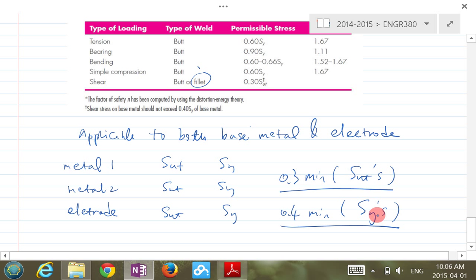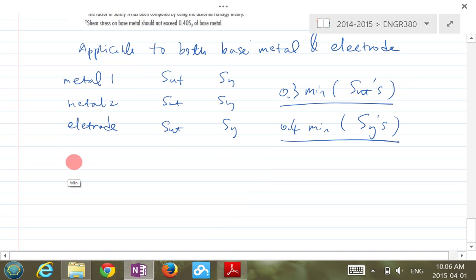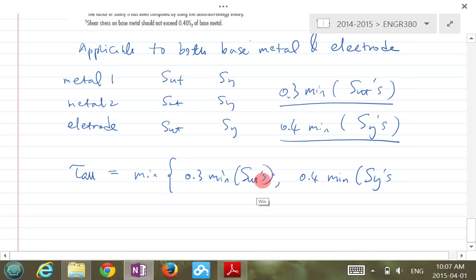That's going to be the allowable stress that you use. Is that clear? So tau allowable is the minimum of 0.3 times the minimum of SUTs, and 0.4 times the minimum of all the SYs. This allowable stress we compare with whatever stress we calculated from the in-plane and out-of-plane, and that essentially tells you whether you're safe or not.